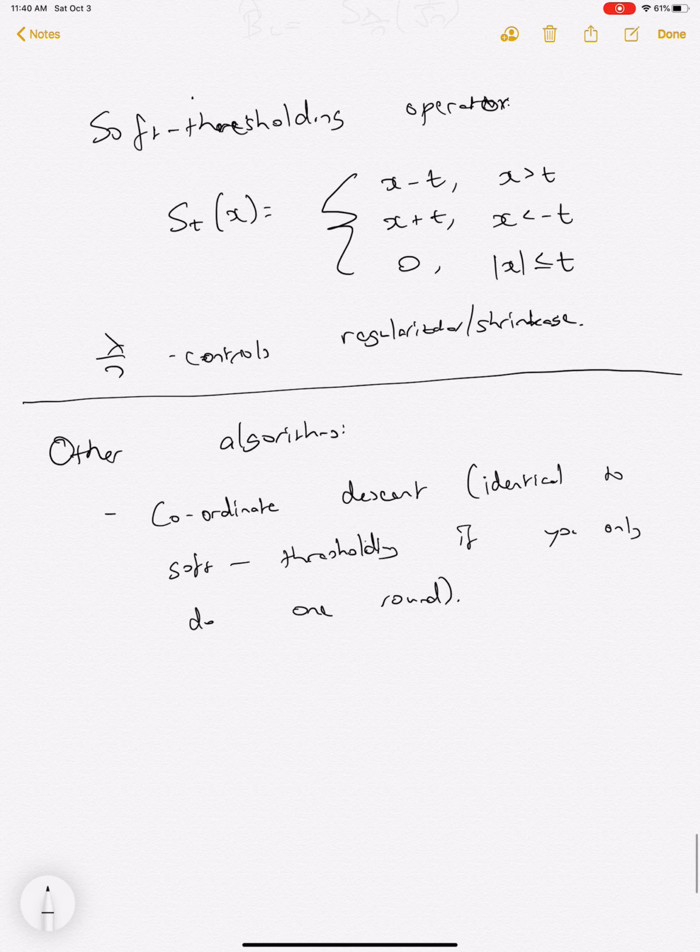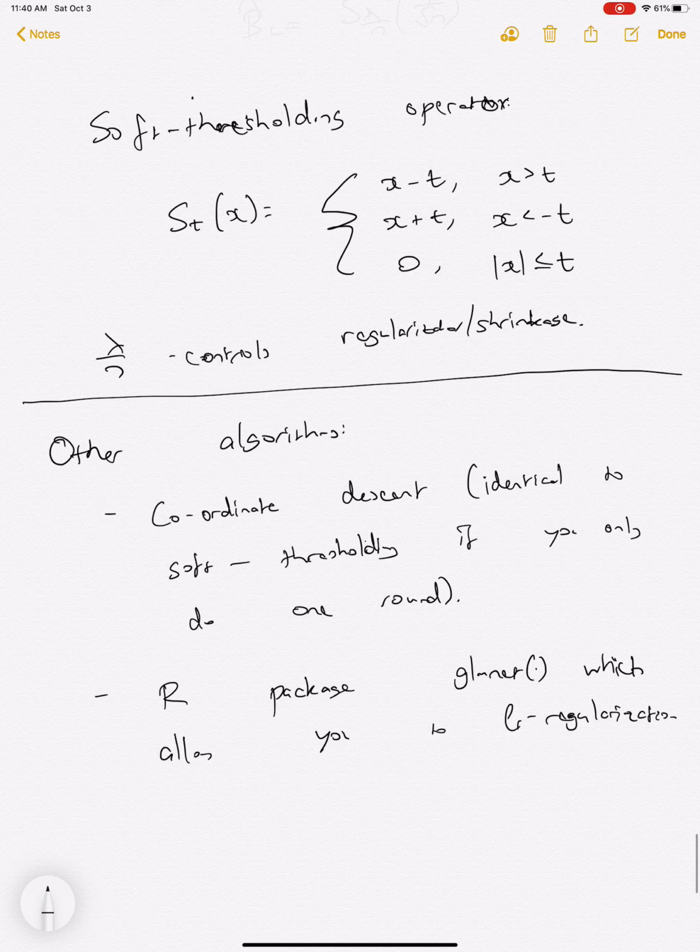I also just wanted to mention this R package, GLMnet, which allows you to do L1 regularization for any GLM family.